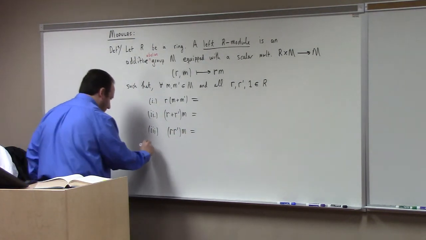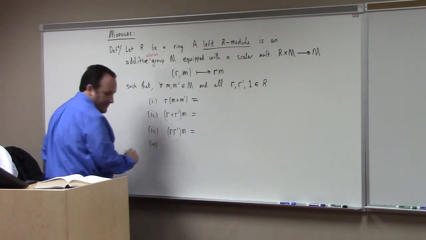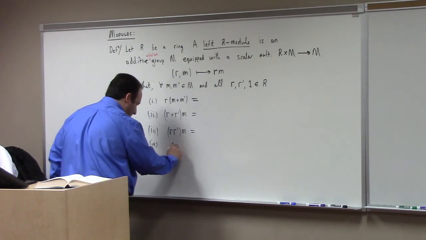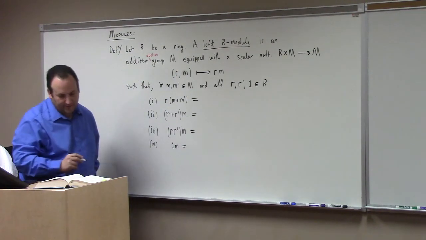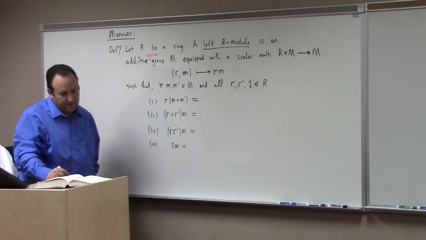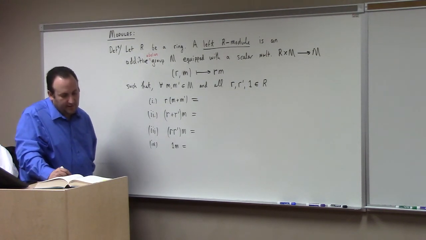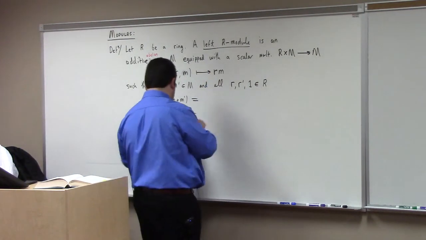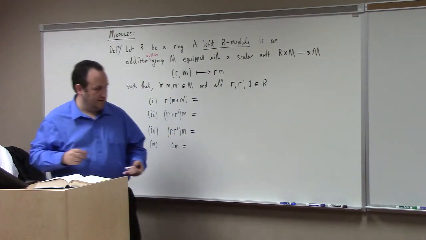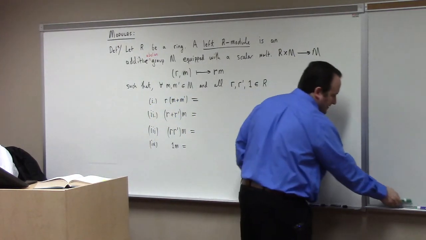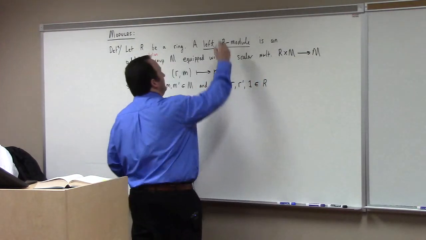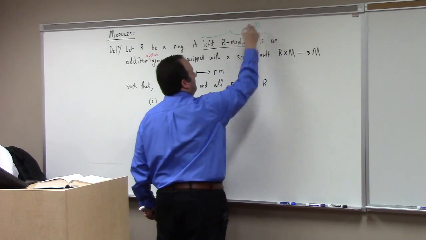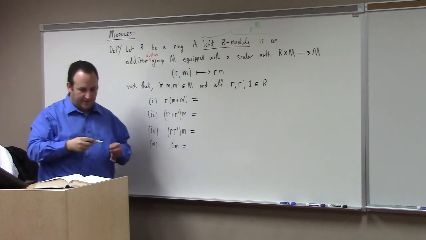And part 4, arguably the best part, 1 times m equals, well, you figure it out. And so we often denote a left R-module M by, he says sometimes, and when he says sometimes, I think he really means almost never, like this, RM, the shorthand for left R-module.